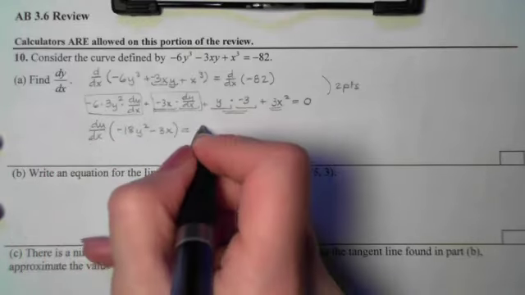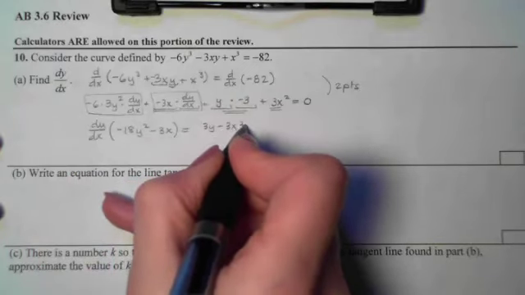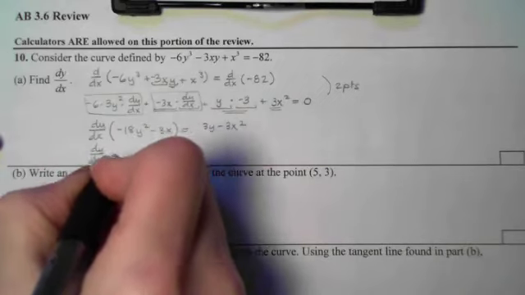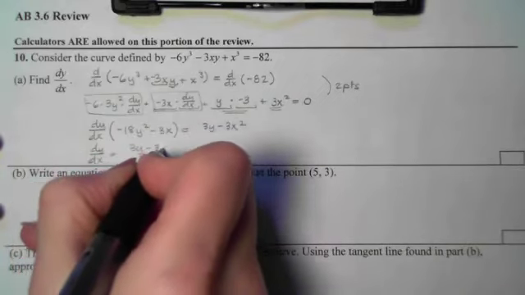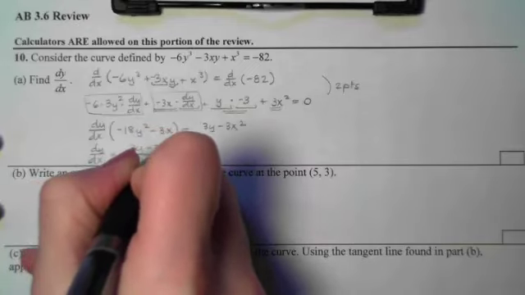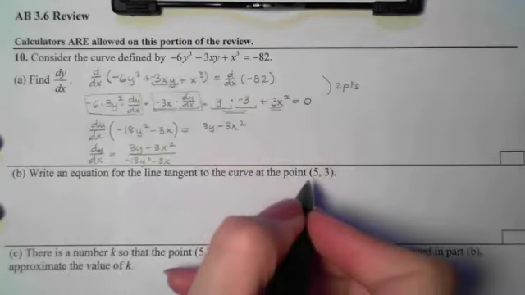And on the other side, I will have positive 3y minus 3x squared. So if I isolate dy/dx, then I will get 3y minus 3x squared on top, and negative 18y squared minus 3x on the bottom.